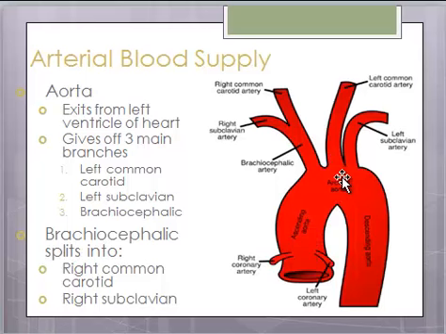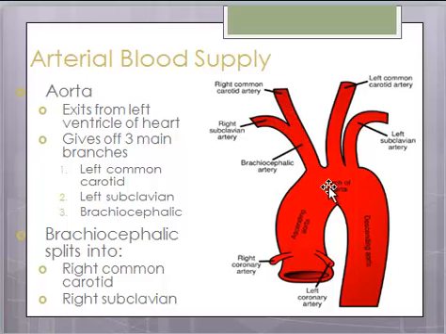We have the ascending aorta, the arch of aorta, and the descending aorta. And the aorta gives off three branches. It gives off right here the left common carotid artery. It also gives off the left subclavian artery and the brachiocephalic artery. And then the brachiocephalic splits into the right common carotid right here and the right subclavian.